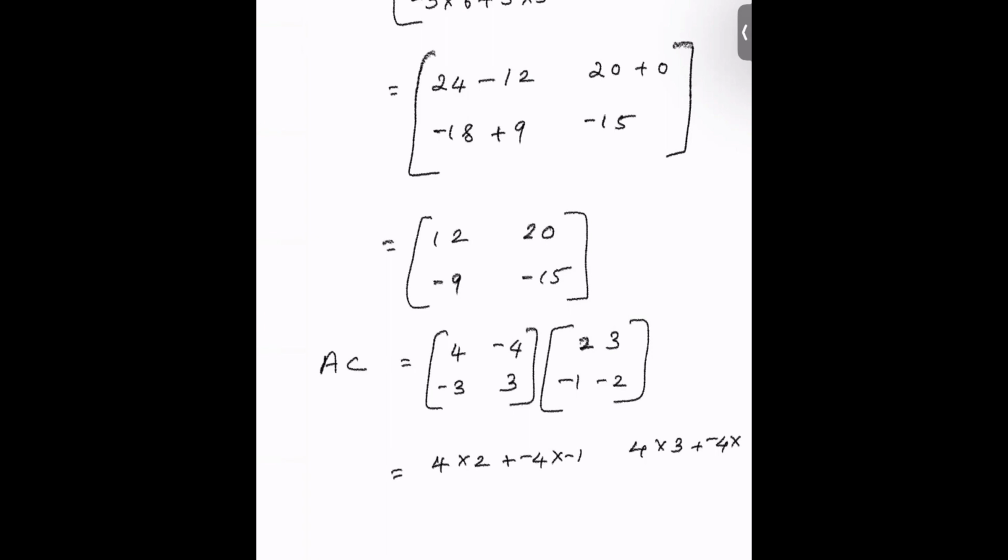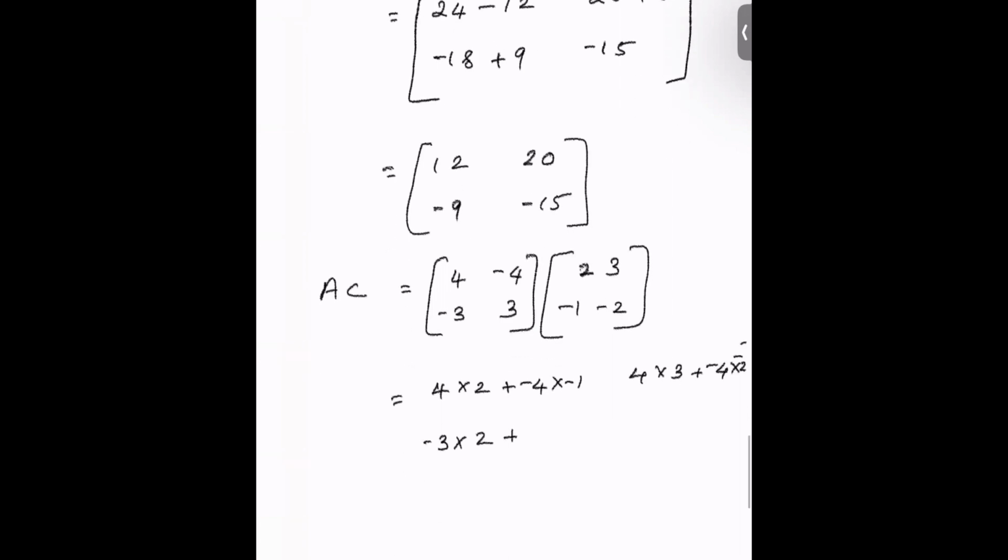Then minus 3 into 2 plus 3 into minus 1. Minus 3 into 3 plus 3 into minus 2.